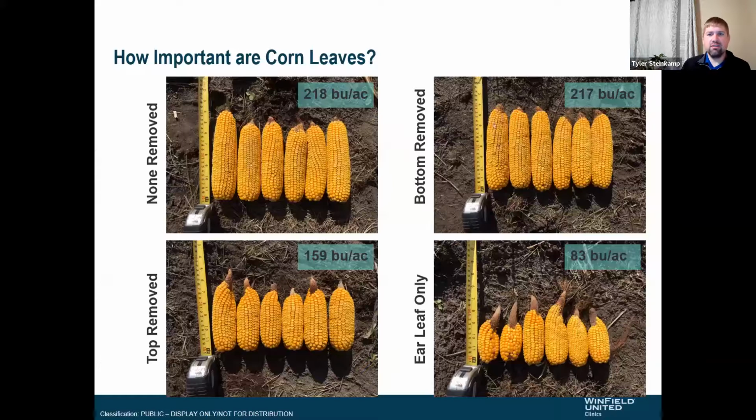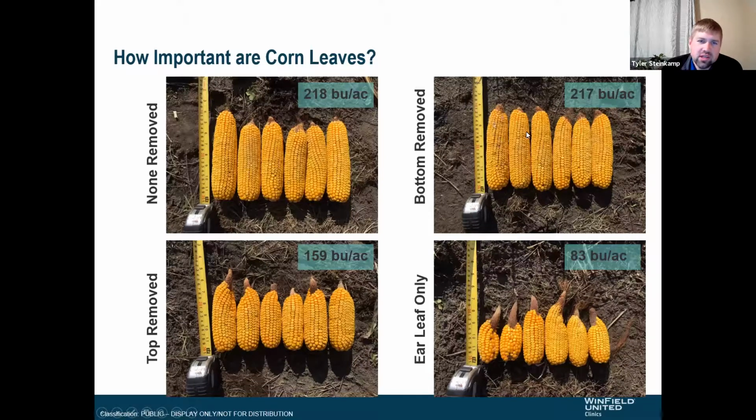Above the ear leaf is absolutely critical to getting and maintaining yield. So you'll see when we had no leaves removed, we averaged about 218 bushels based on hand yield estimates. Remember, it's hand yield estimates. When we removed the bottom leaves, we ended up at 217.